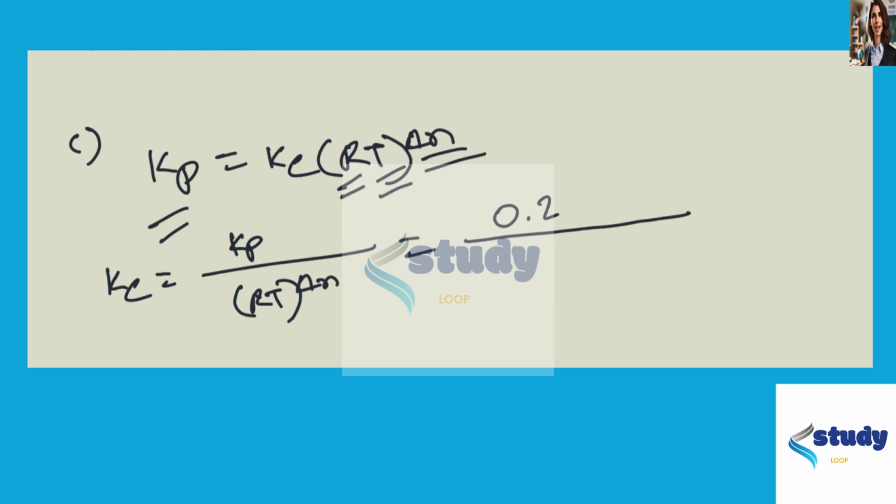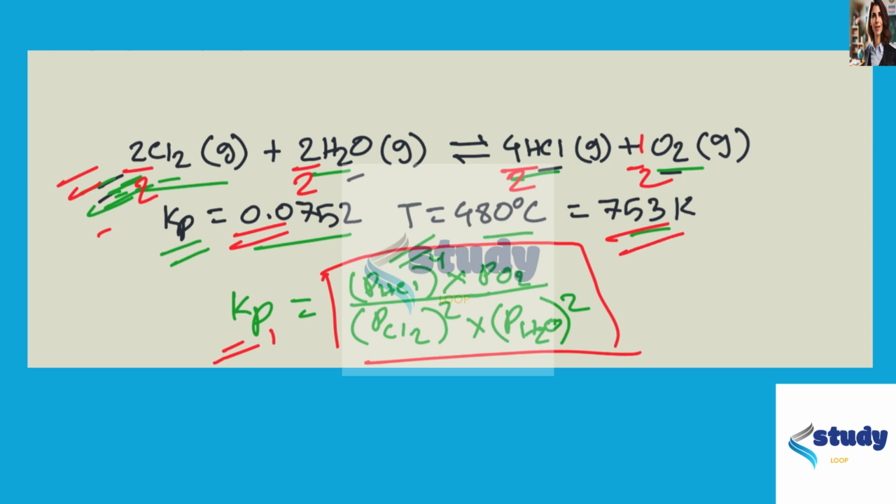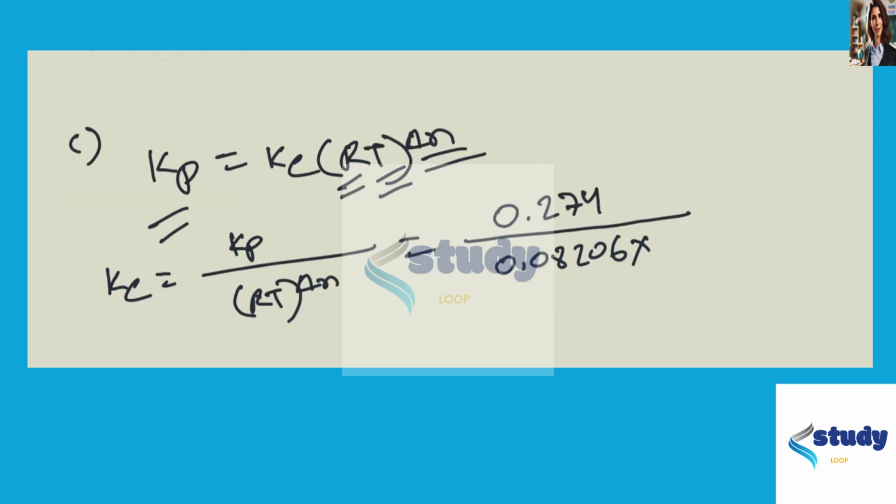So it will be 0.274 over, the value of R is 0.08206 times the temperature, which is 753 K, and the power is raised to del N, which is 0.5 or half.